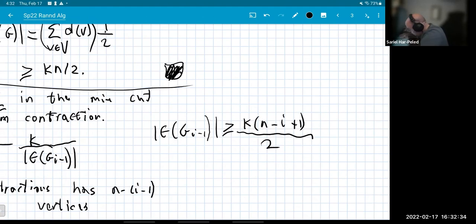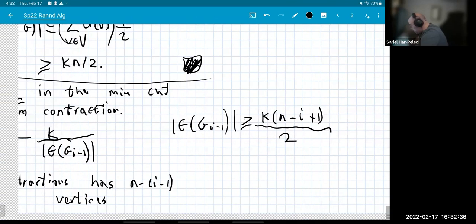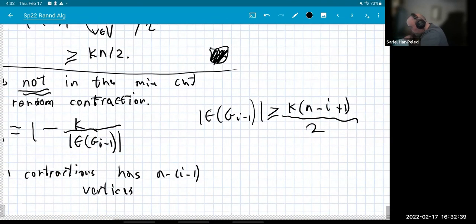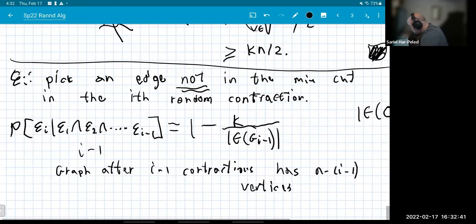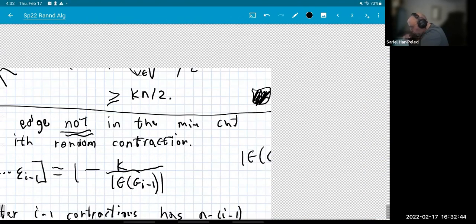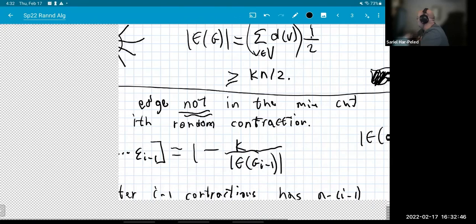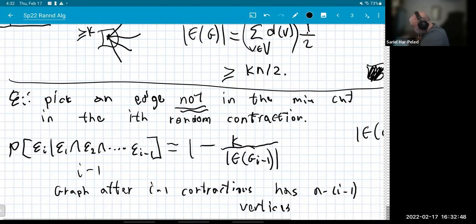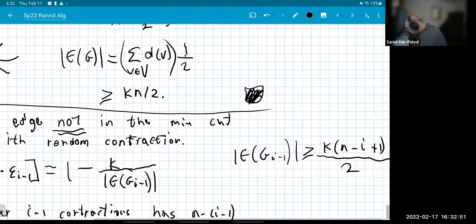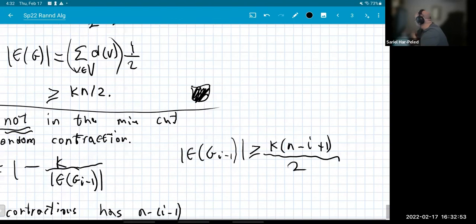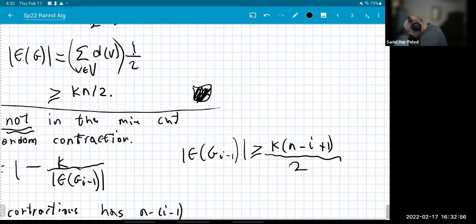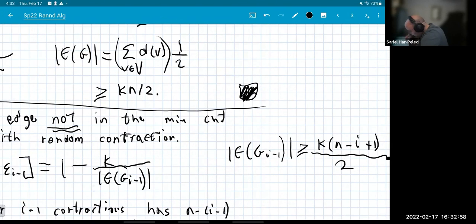This is where we are using the conditional probability. It means that if all the preconditions hold, the min cut is still of size k, and the number of edges is at least the number of vertices times k over 2, it might be much bigger. As such, if I replace the number of edges by something smaller, it makes the fraction bigger, so I get a lower bound of this probability.